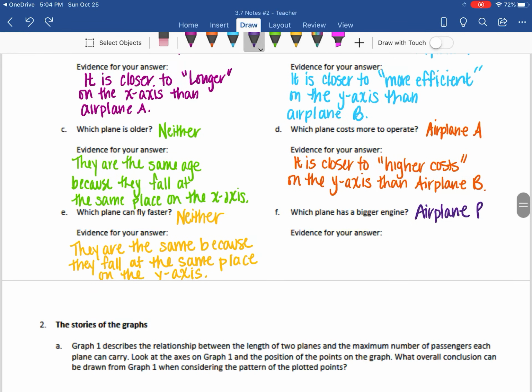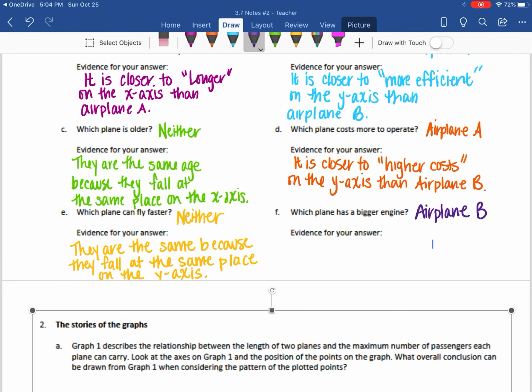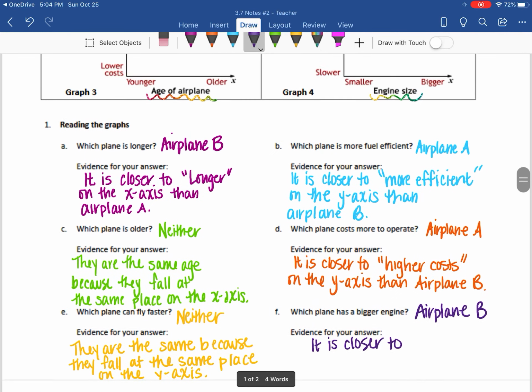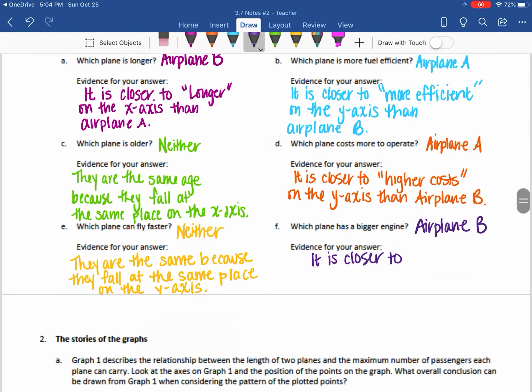Yes, airplane B. Evidence would be it is closer to bigger on the x-axis this time than airplane A.